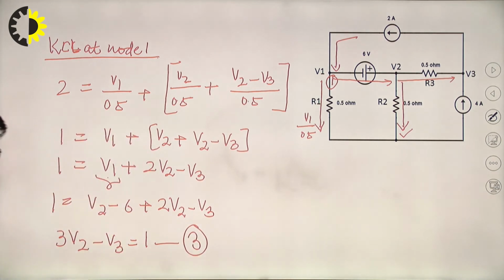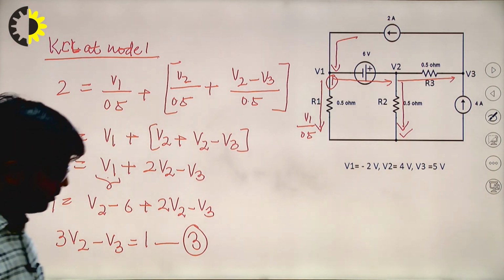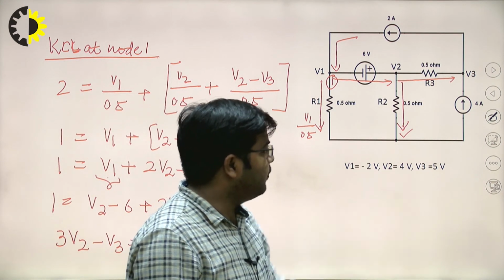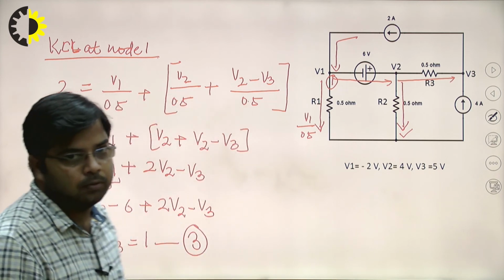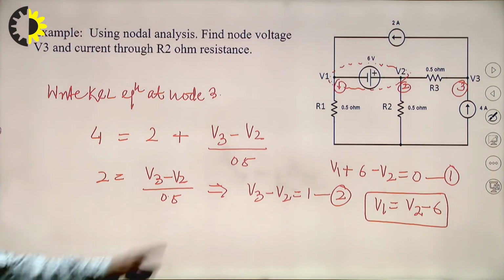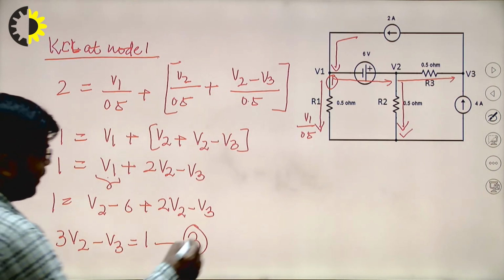So after solving equations 1, 2 and 3, you will get V1 equal to minus 2 volt, V2 equal to 4 volt and V3 equal to 5 volt. Just see here, V3 minus V2 is equal to 1.